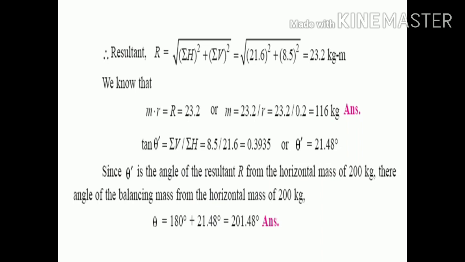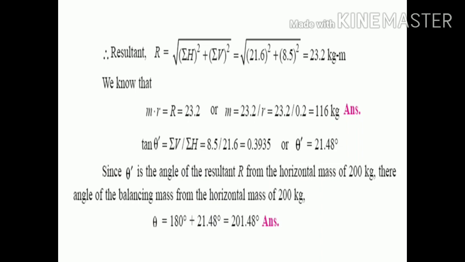We know that M into R is equal to the resultant, that is 23.2. In the problem they have given us the radius of the balanced mass, that is 0.2. So by using that we can find the required balanced mass. M is equal to 23.2 divided by 0.2, and the answer is 116 kg.